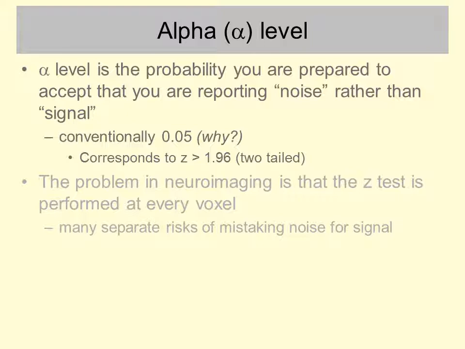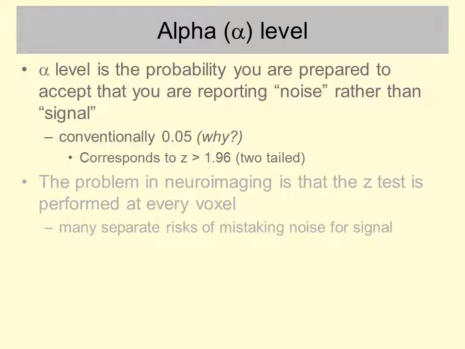Now, conventionally, in the behavioural experiments that you're more familiar with, an alpha level of 0.05 is often adopted, which corresponds to Z values that are greater than 1.96 or less than minus 1.96 for a two-tailed hypothesis.